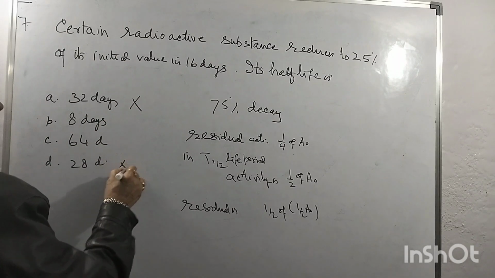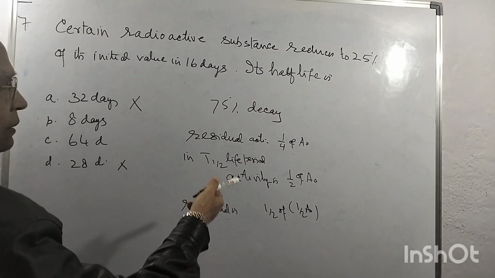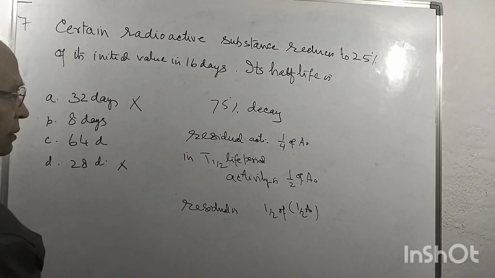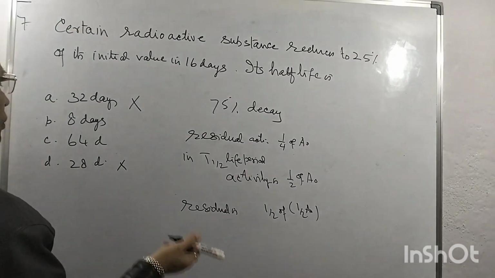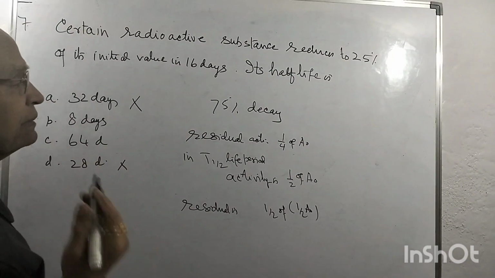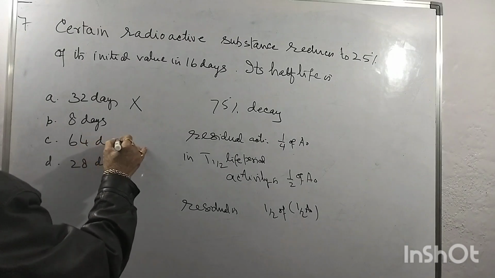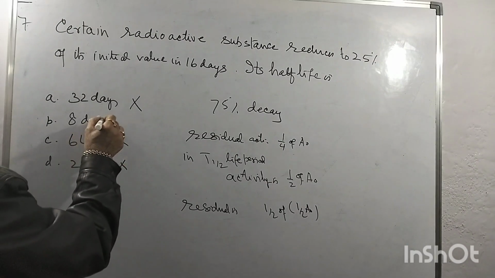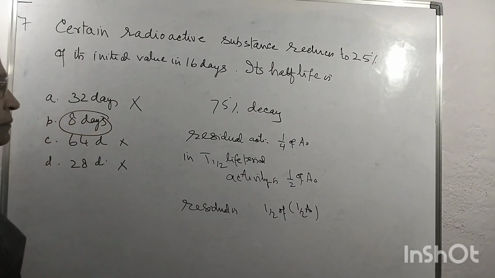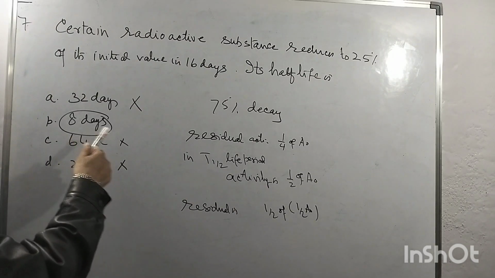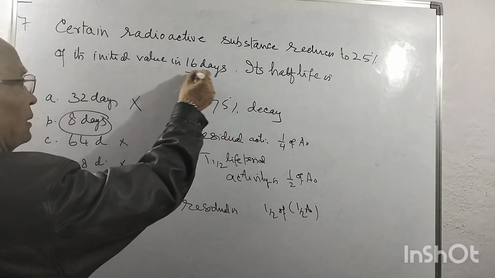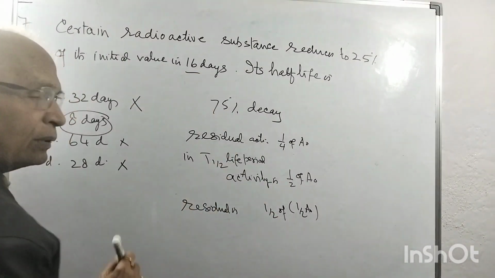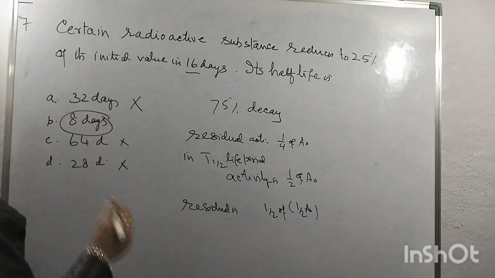This is also very large, because it becomes half in the first period and further half in the next. 64 days is also very large. Only remaining is 8 days. 8 days is the half-life, because in 8 days it becomes half. In further 8 days, total 16 days, it becomes 1 by 4. A simple common sense question.